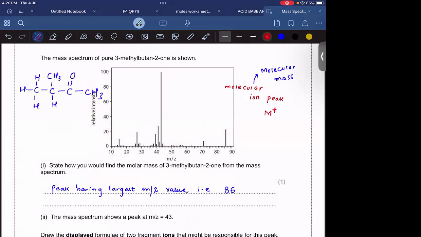Can you tell me the molecular mass of this compound? Like how many carbons are there? You will say 5 carbon atoms, C5. How many hydrogens are there? 1, 2, 3, 4, 5, 6, 7, 8, 9, 10. And O. C5H10O. Can you tell me the molecular mass?